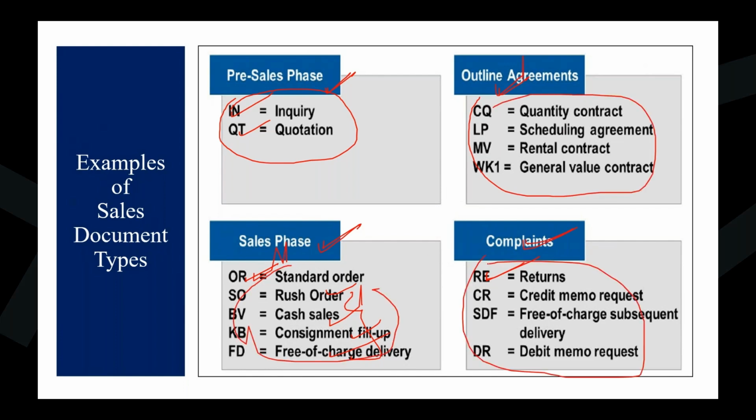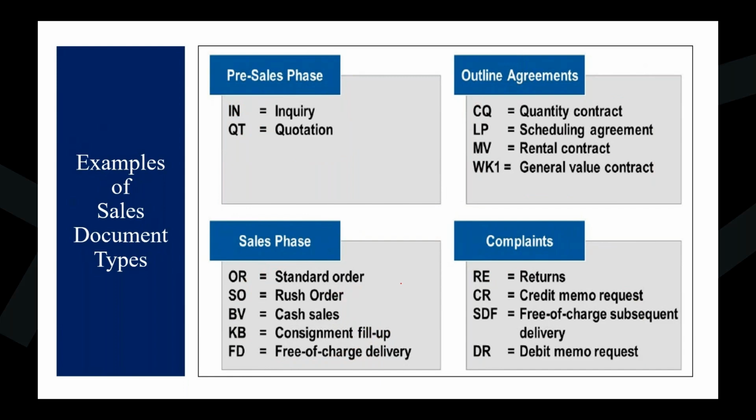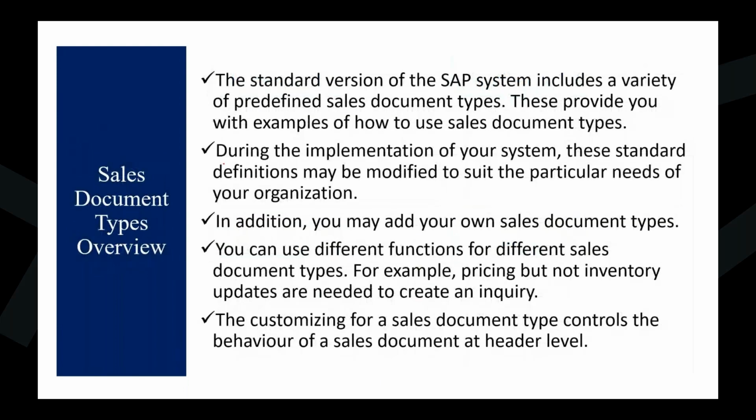During the implementation of your system, these standard definitions may be modified to suit the particular needs of your organization. So when you implement the SAP system, you can modify these standard order types if required. You can change them.